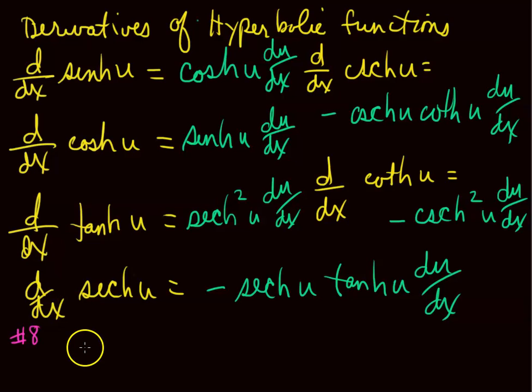We want to rewrite this cosh and sinh in terms of the exponential function. So the cosh of 3x minus the sinh of 3x.